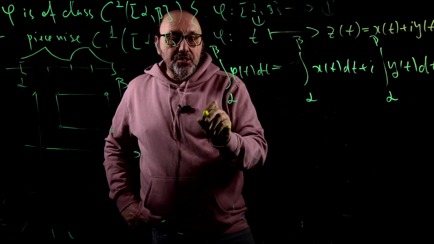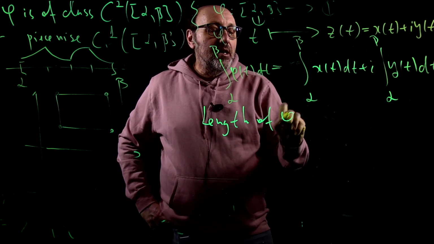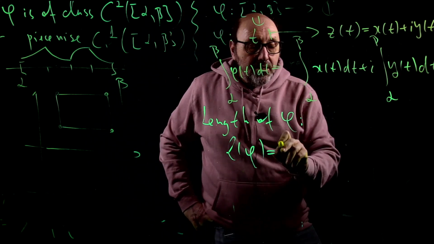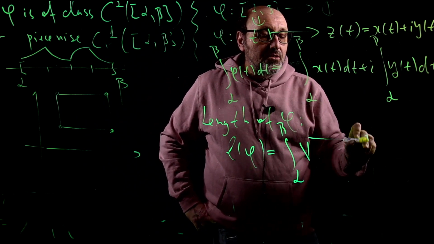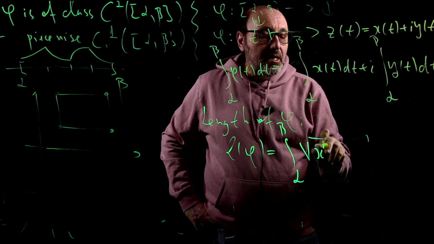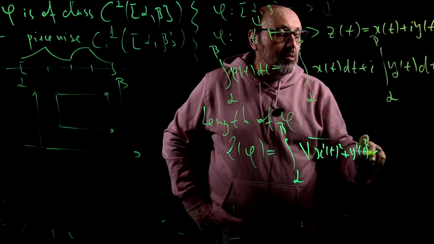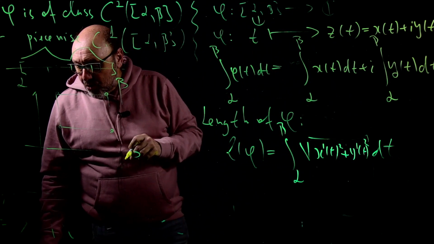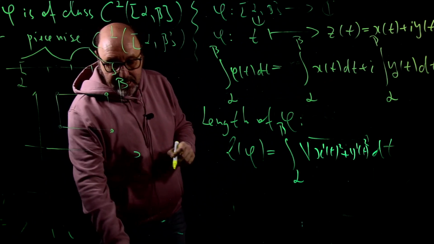You can also consider the length of phi, which will be equal to the integral from alpha to beta of the square root of x prime of t squared plus y prime of t squared dt. You know it very well from your course of classical real analysis.